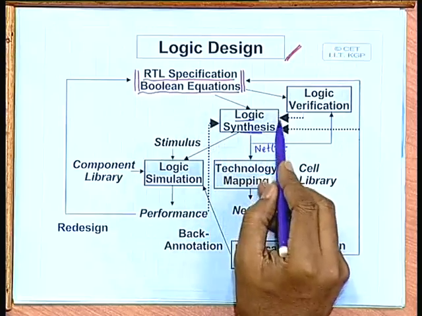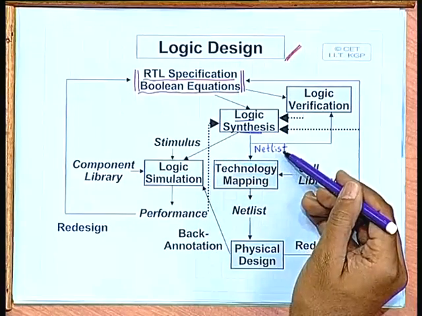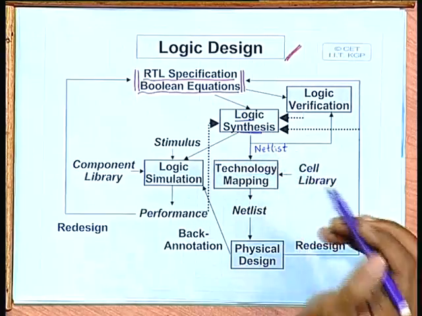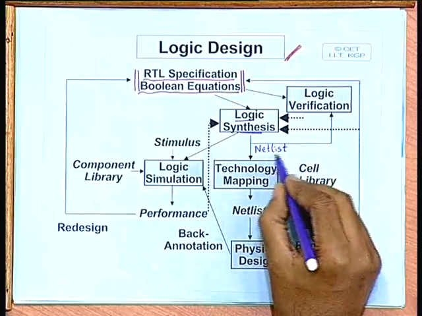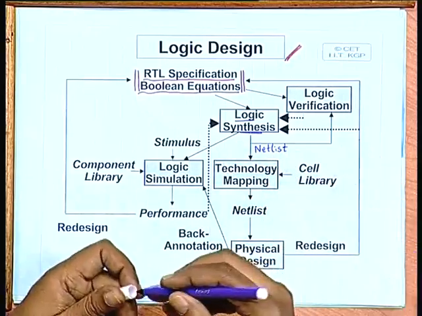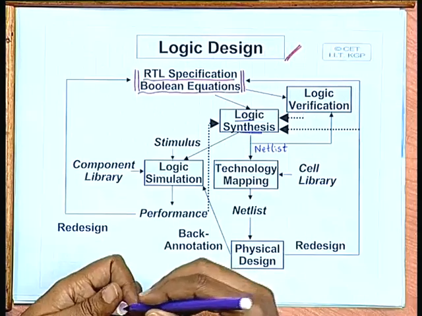So, once you carry out the logic synthesis, you get a netlist where you have much more details about the design. But when you are trying to implement it, this netlist may not be sufficient. Why? Suppose you are trying to design using FPGA. Using FPGA you have some constraints.